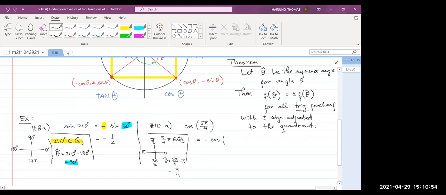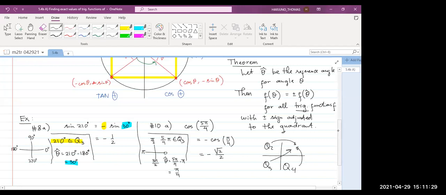Negative cosine pi over 4 is negative radical 2 over 2. Okay, so the technique basically, if the angle is in quadrant 2 or quadrant 3 or quadrant 4, you transform all of those into quadrant 1 first before you compute.